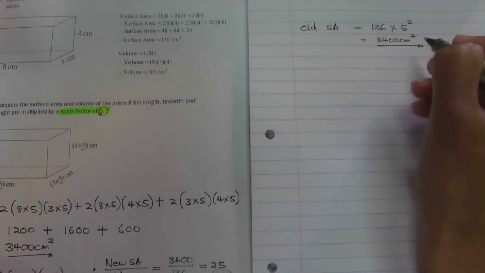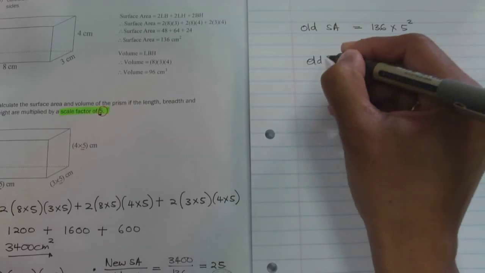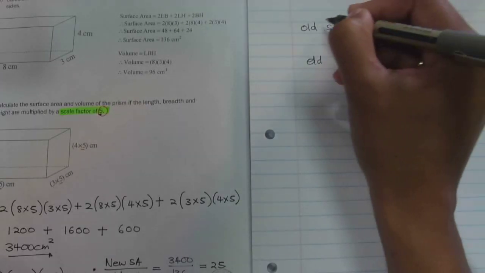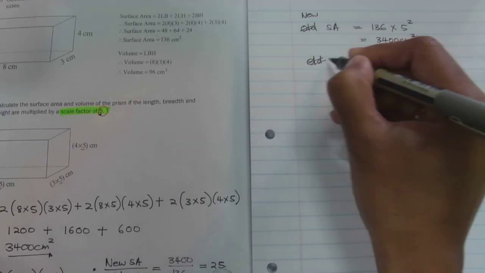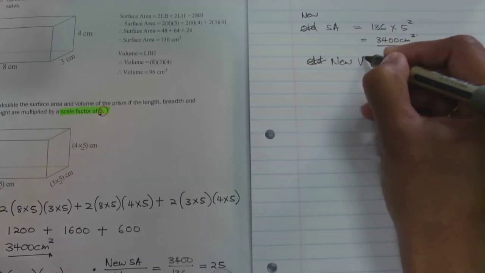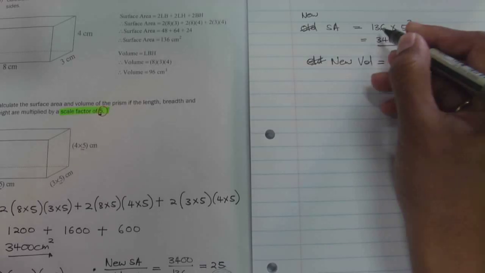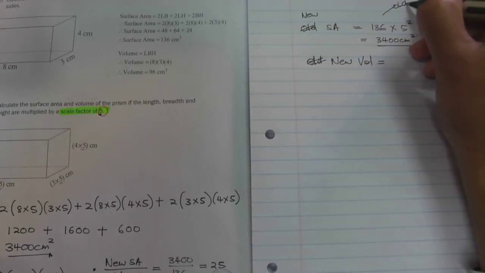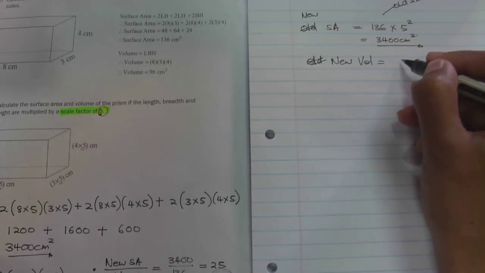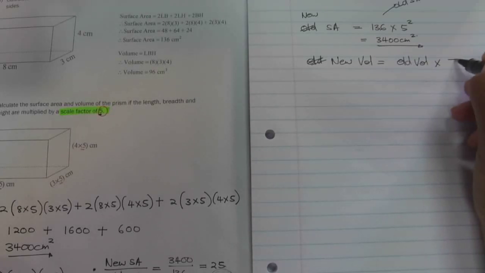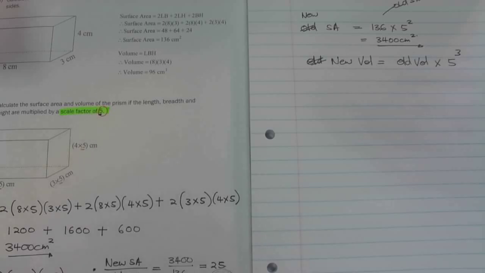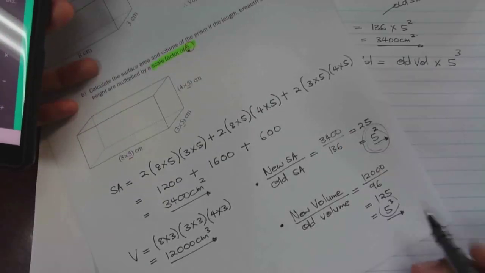Let's do the same with the volume. We take the old volume. The new volume would be the old volume times 5 cubed, because as we worked out here, the change is 5 cubed.